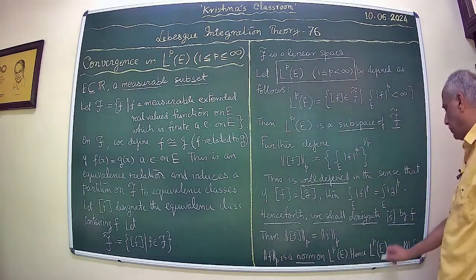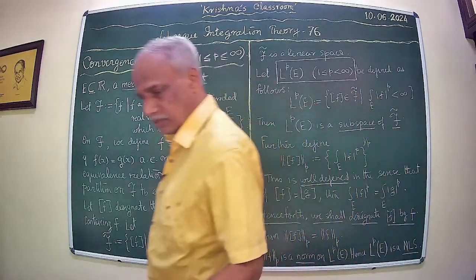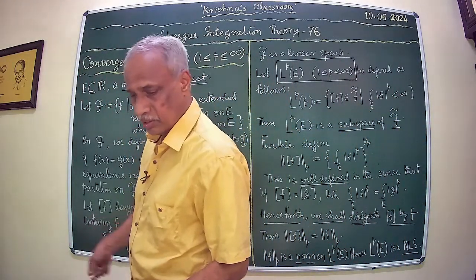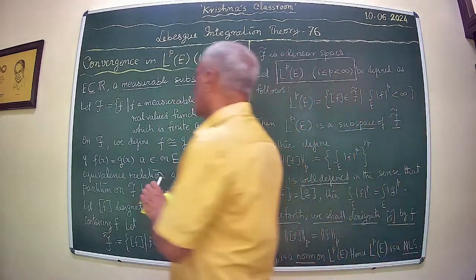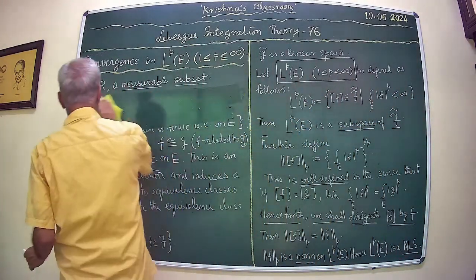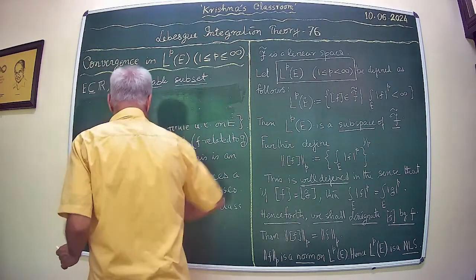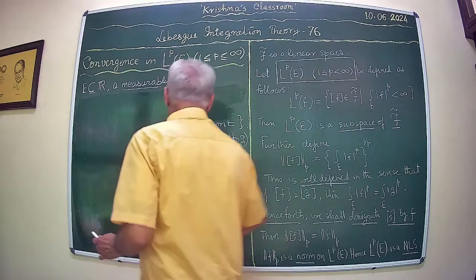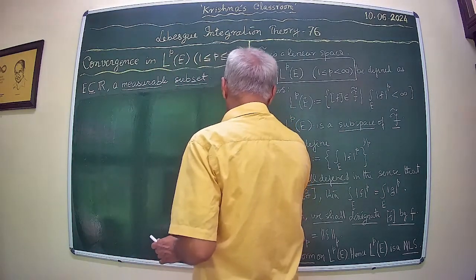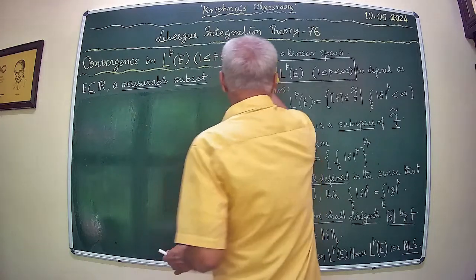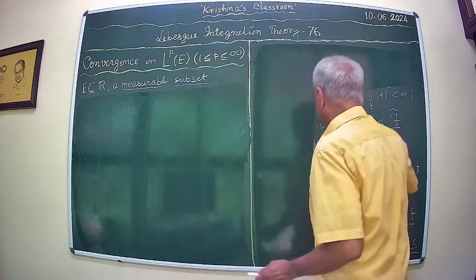Therefore, L^p(E) is now a normed space. So we have got the structure of this particular normed space. Before we go on to look at these spaces, we will also describe what L infinity is, so that we can proceed comfortably.